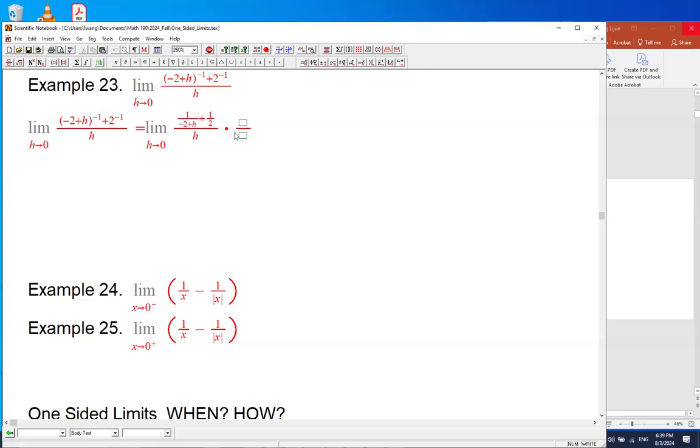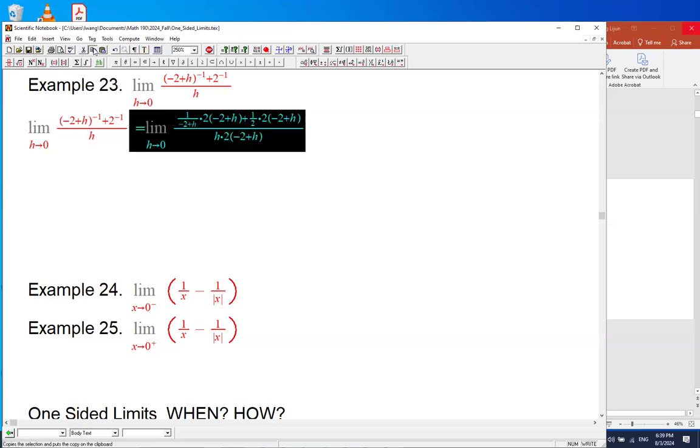Common denominator, so I'm going to have 2 times negative 2 plus h. We multiply by 1, so we create a 1. We take the numerator to distribute to each piece and multiply that half, and this denominator multiply the denominator there. Simplify and continue.